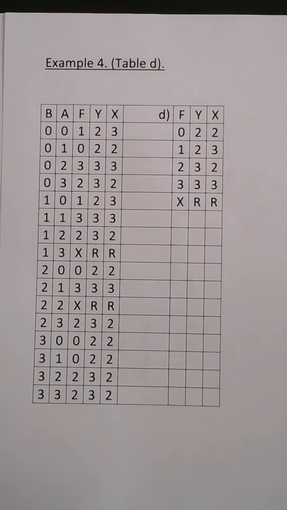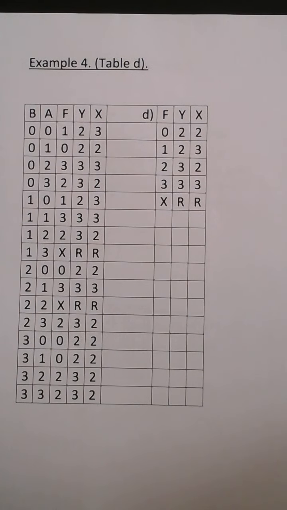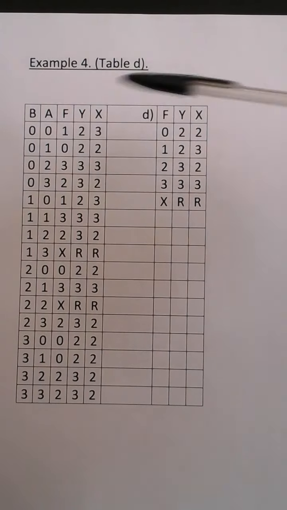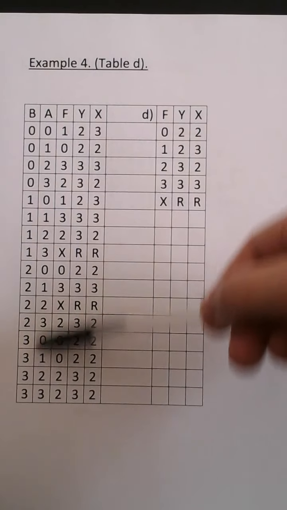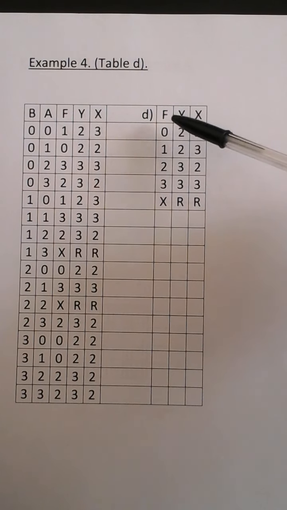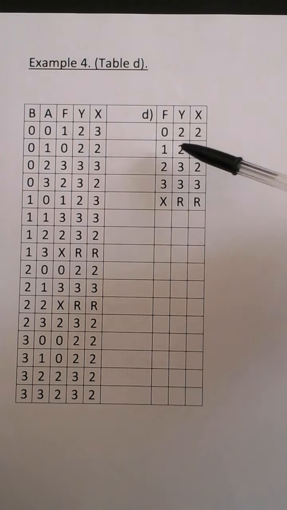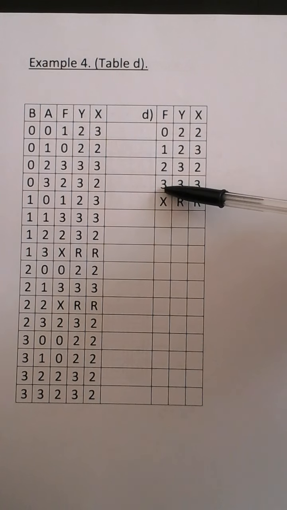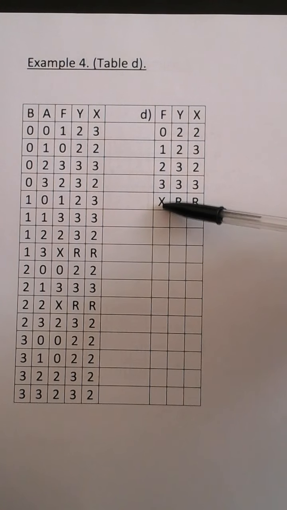So lastly we have example 4, which is table D. Again, same function f, same input variables A and B, and table D. So there's a function f and a don't care state, which is going to assume the value of 0, 1, 2 or 3.